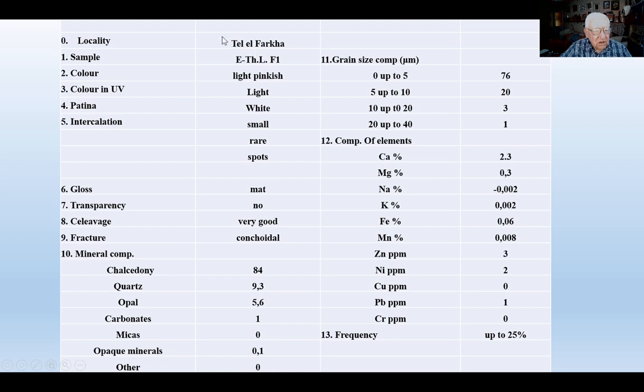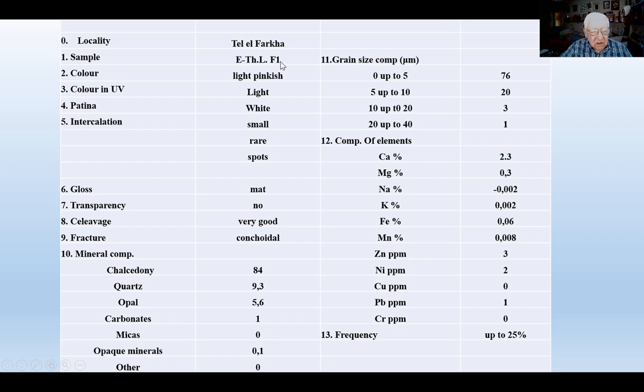Tel el Farkha is generally the name of the problem, and this is the Egypt Theban limestones flint number 1. Macroscopic features, mineralogical features, mineral composition, grain size composition, and chemical analysis, the results of chemical analysis of flint number 1.